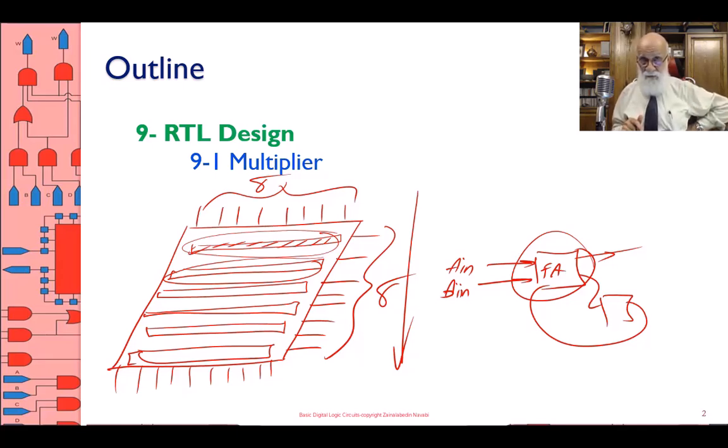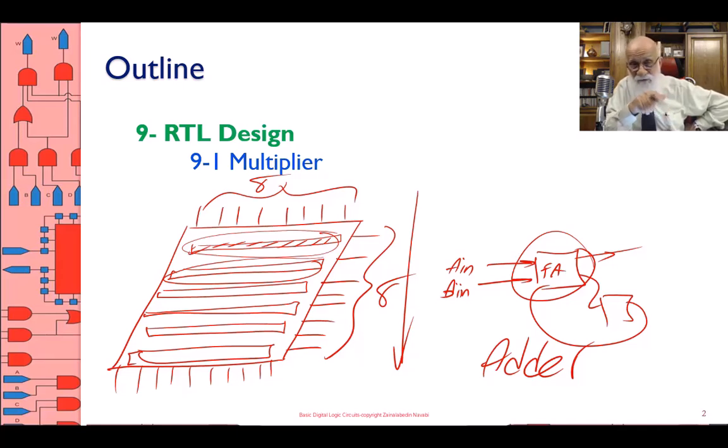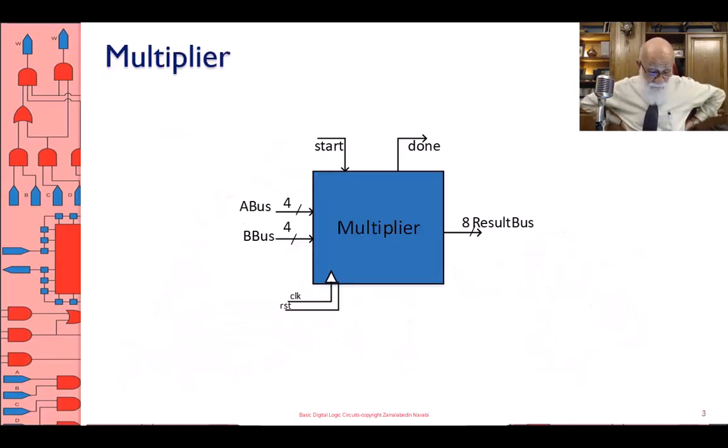This was, of course, an adder. Now I'm talking about a multiplier. But I'm saying let's do it in a sequential circuit, so that I don't have to have this many adders. So this is what I'm going to be designing.